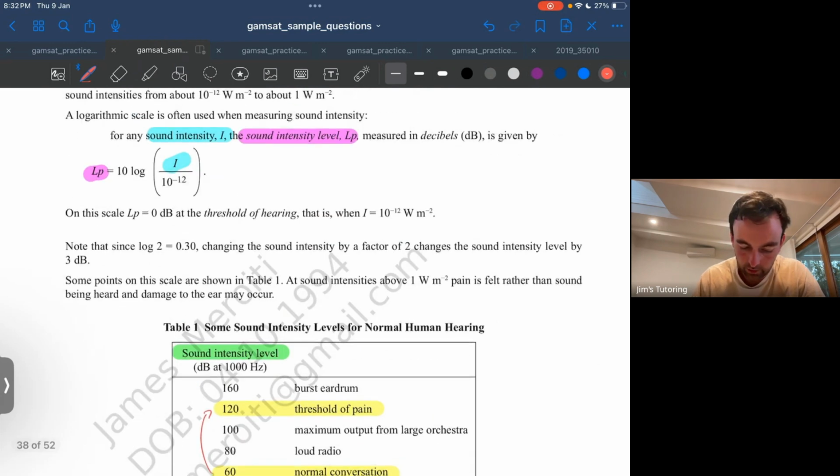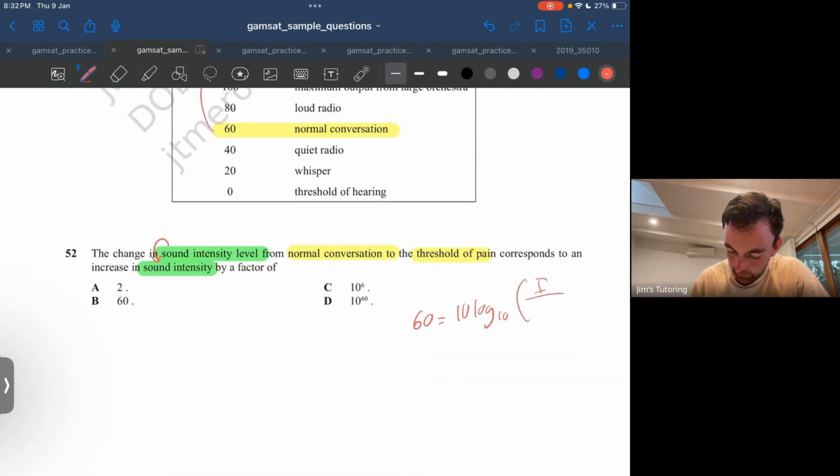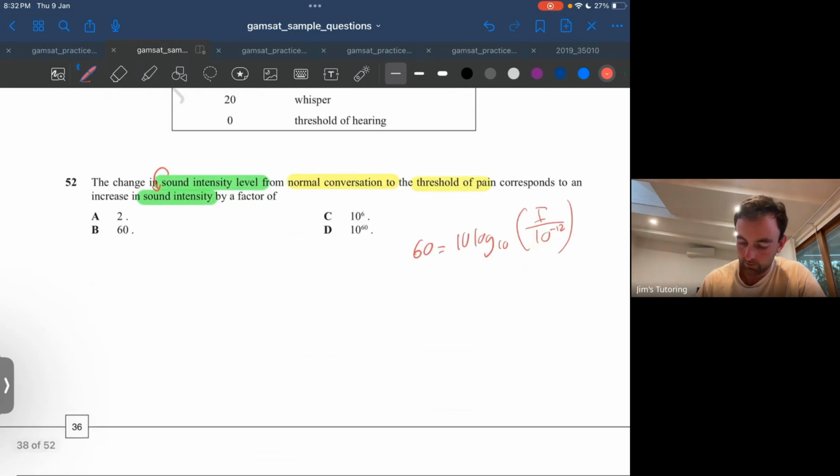If it ever says log and it doesn't give you a base, it's base 10 unless it's a natural log. I over 10 to the negative 12. If there's any number at the front of a log, I like to get rid of it, so I just divide this by 10. So I get 6 equals log 10 of I over 10 to the negative 12.